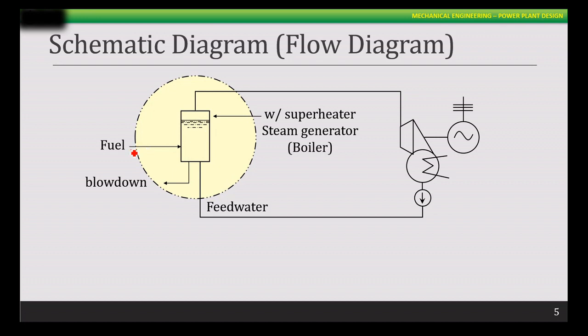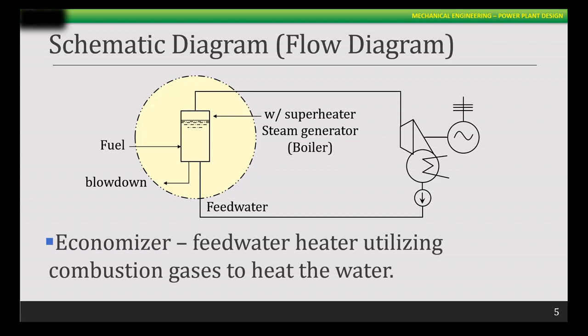Then fuel enters here in this area to exchange heat with the water. Then it leaves out the blowdown. So that is the schematic diagram. Then the economizer is on top. So feed water heater utilizing combustion gases to heat the water.